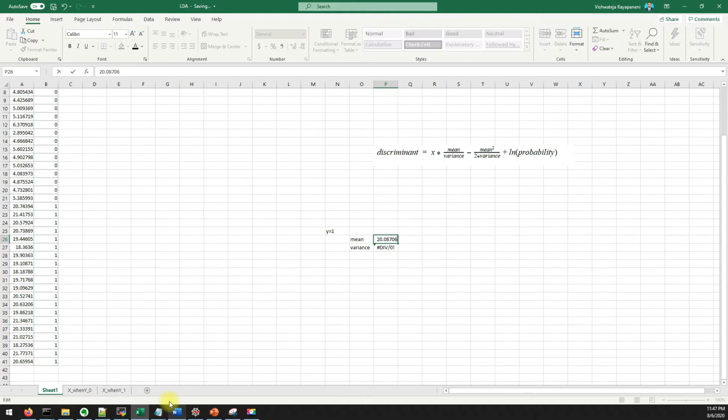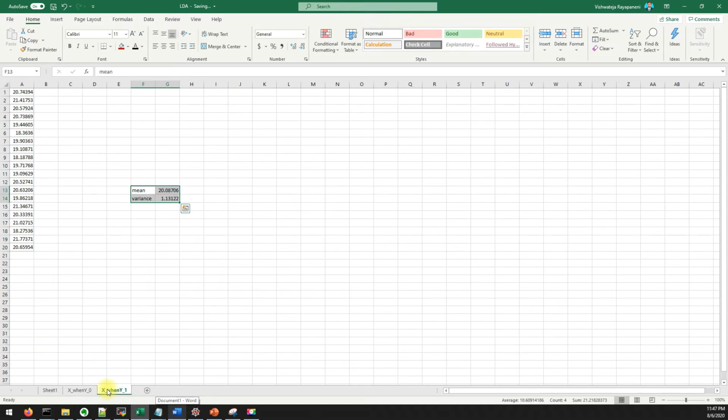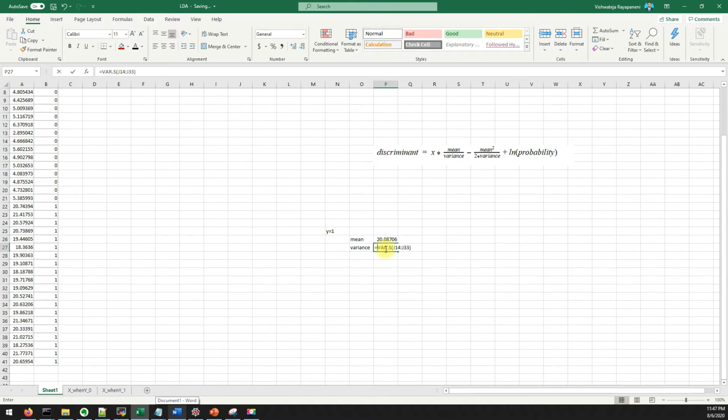And what is the mean? 1.13122. And now I need the values of x when y equal to 0, mean and variance.